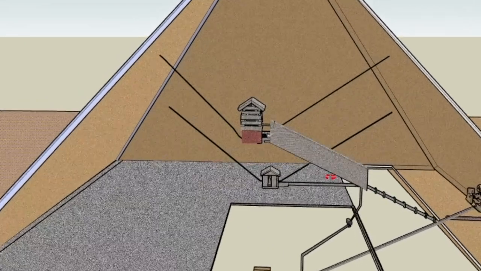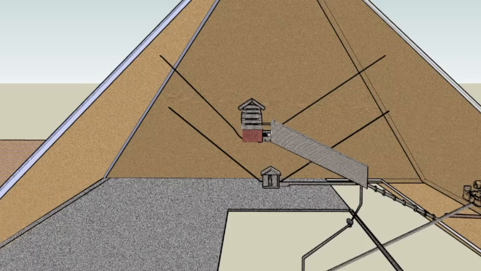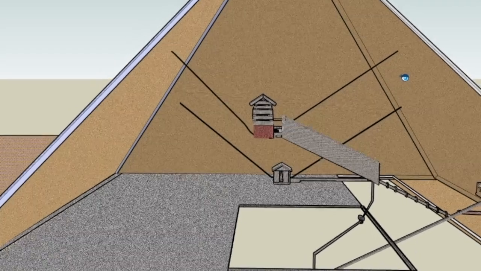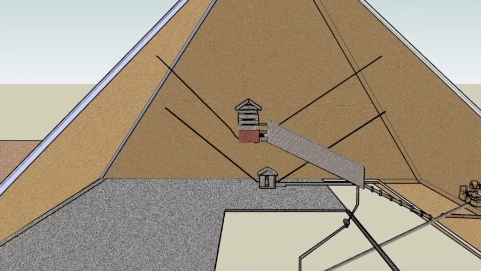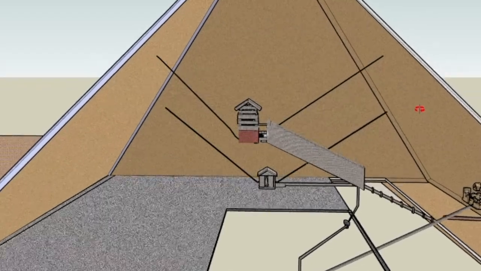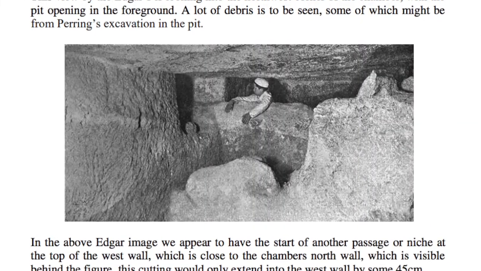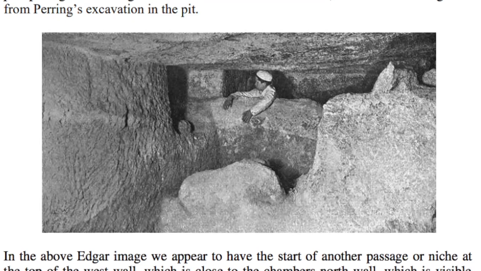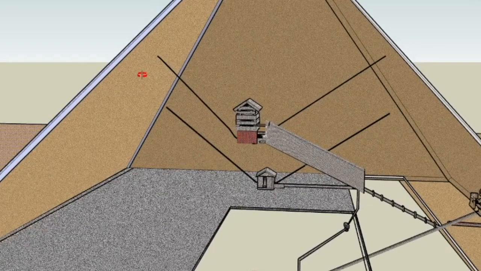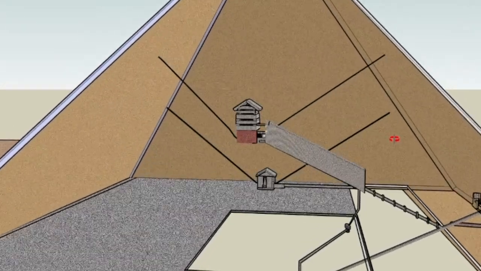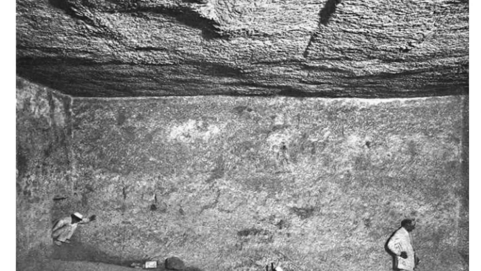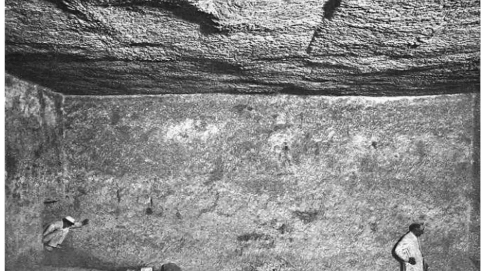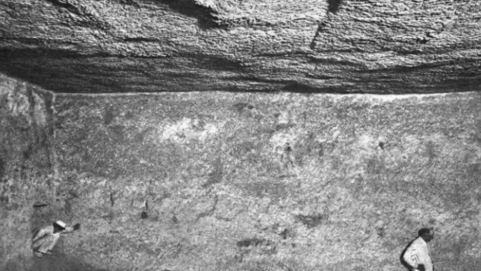It is for this reason, perhaps, that Brier writes that Hemenu made the decision to contain 3 chambers within the Great Pyramid. Now, we have touched on this theory on the channel before, that the 3 chambers of the pyramid, those being the so-called subterranean chamber, the Queen's chamber, and the King's chamber, were basically a contingency plan. If Khufu died earlier in his reign, he would be buried in the subterranean chamber, capped off with some sort of mastaba structure or smaller pyramid.